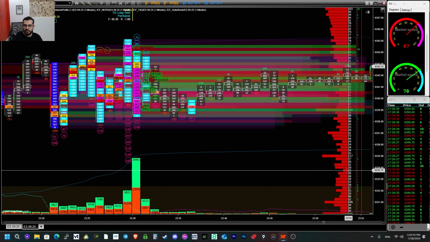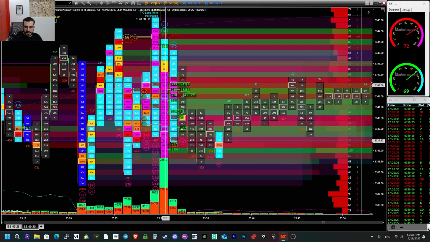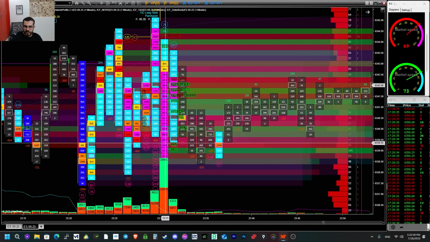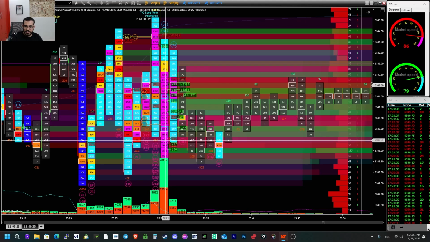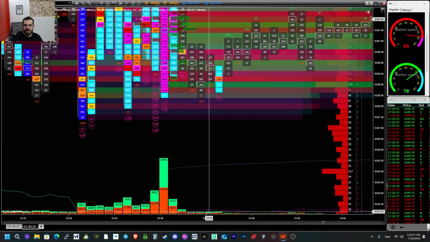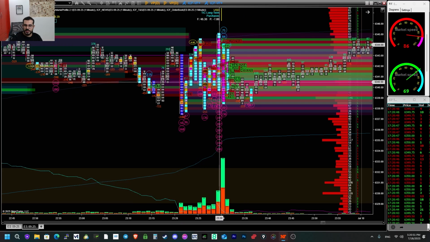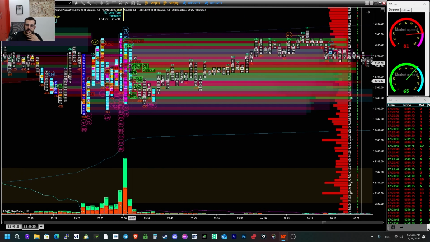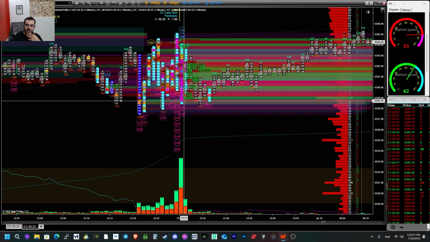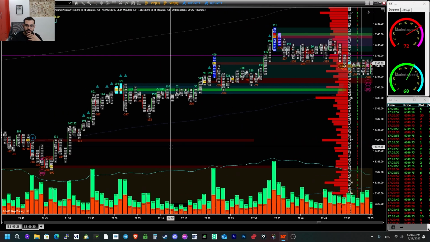If I zoom in more, on this exact 1 minute candle, we had almost 4,600 lots of volume, 4,657, which is insane. This is how market close happens, and usually all these orders are getting stabilized by CME, so that's why the market doesn't move that much.